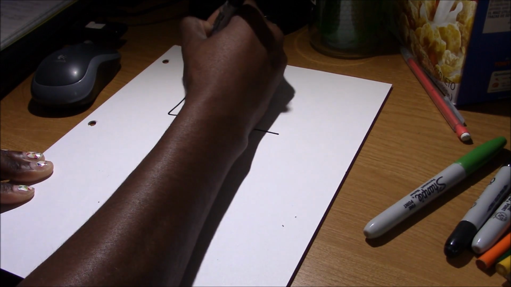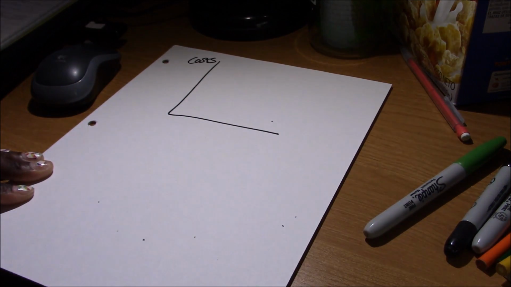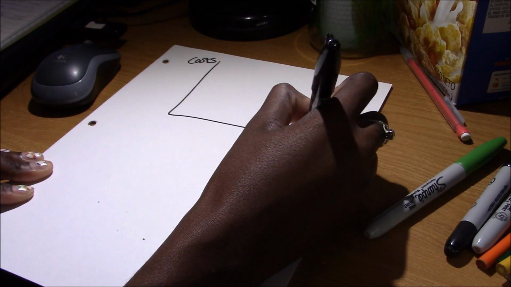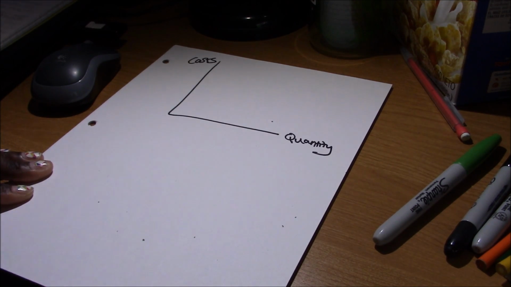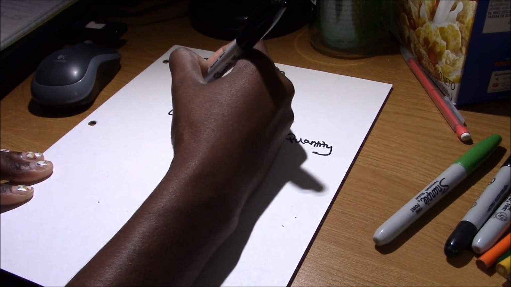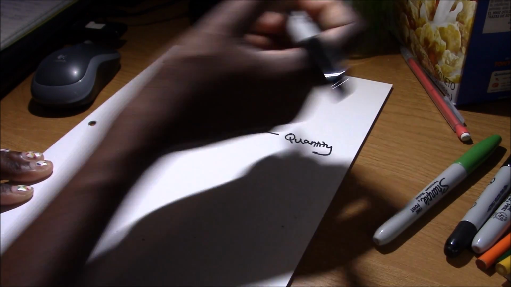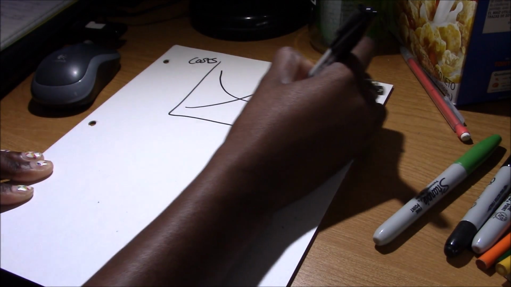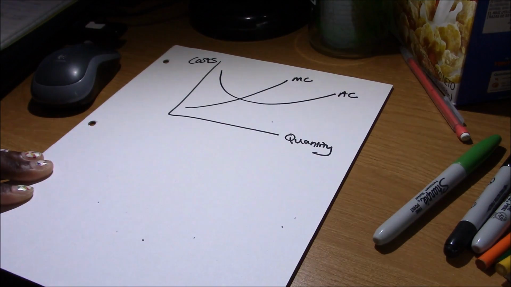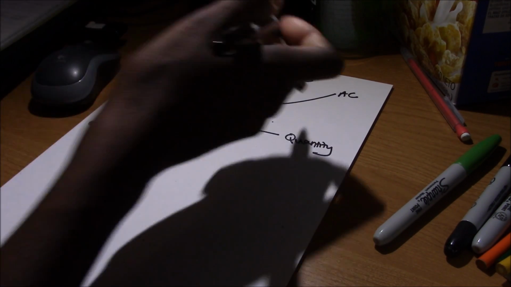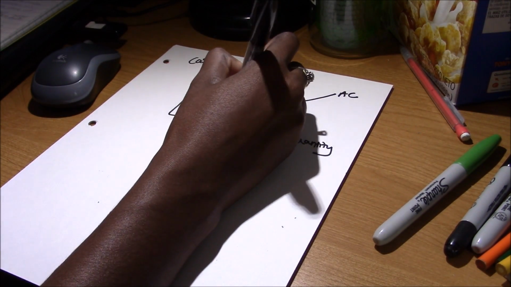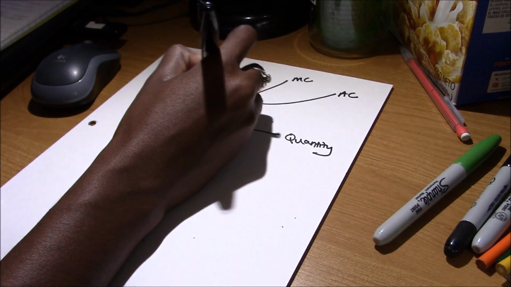Once again, costs are going on my y-axis, whereas quantity or output level is going to go on my x-axis. So here we have our MC curve, which is marginal cost, and right here we have our average cost curve, which is also a combination of fixed costs and variable costs.